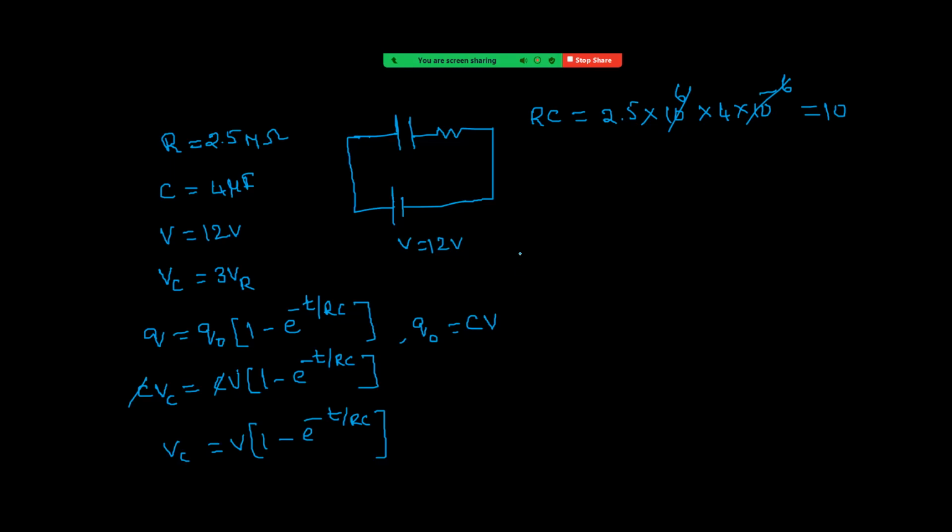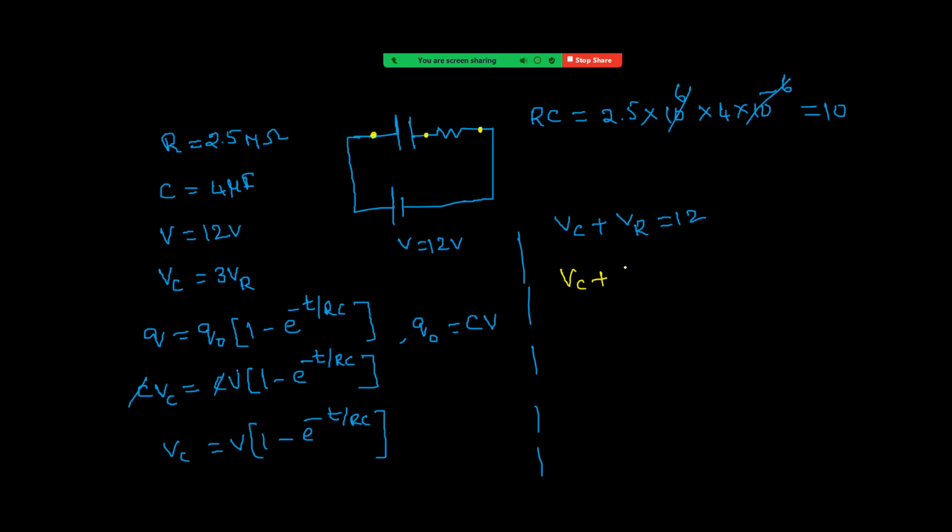Next, see the condition here. VC plus VR is equal to 12. See carefully the circuit diagram. Potential difference across the capacitor plus potential difference across the resistor, the sum must be equal to 12, right? Now in the place of VR, see what we can write.